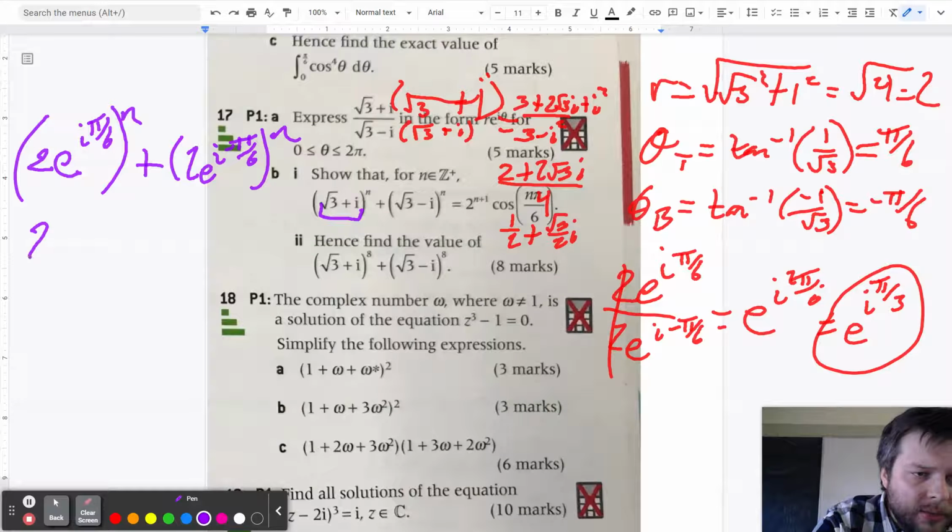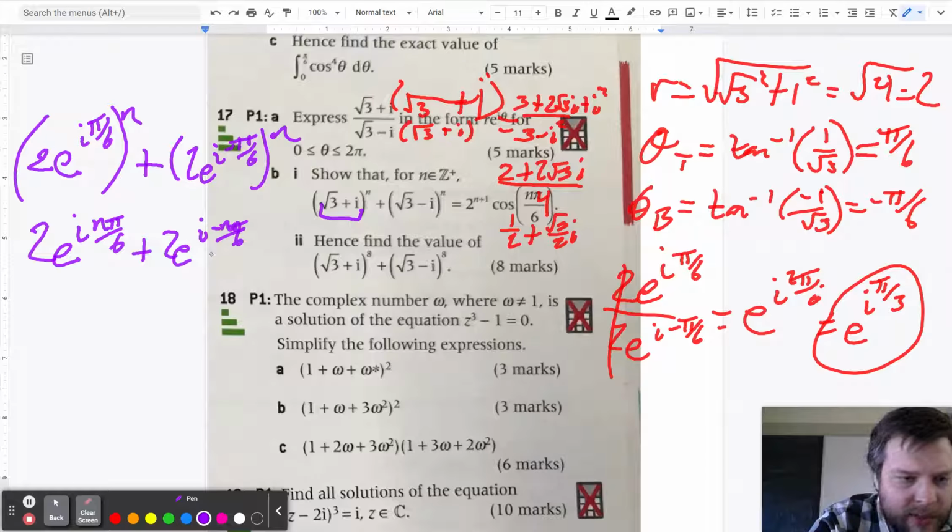So this becomes 2e to the i n pi over 6 plus 2e to the i negative n pi over 6. I can write this in terms of cosine and sine, and I can actually factor out the 2 as well.